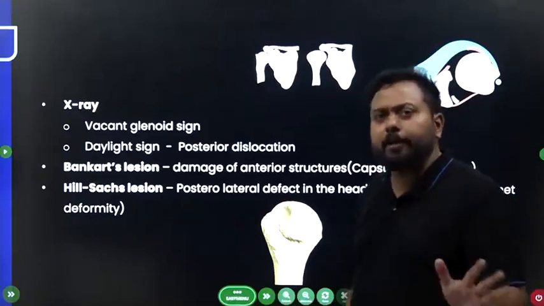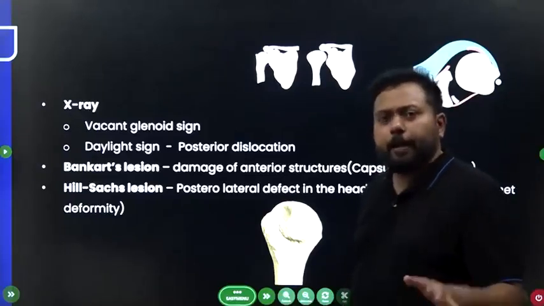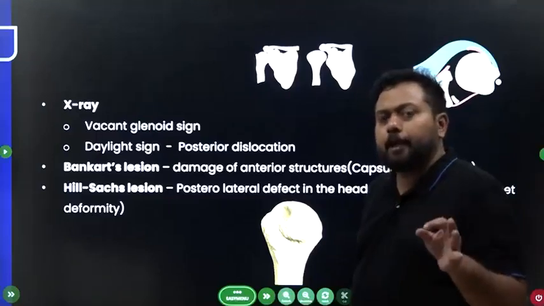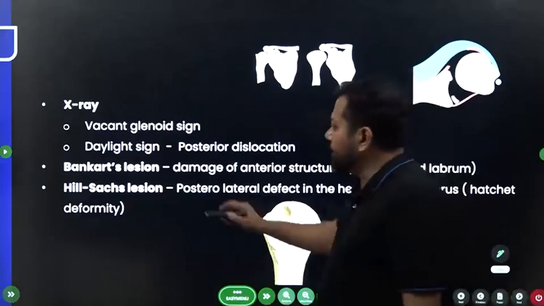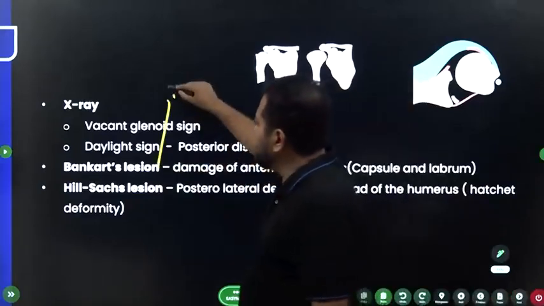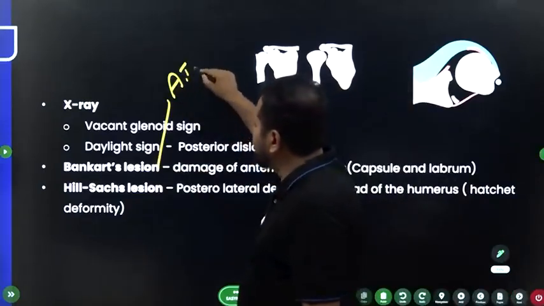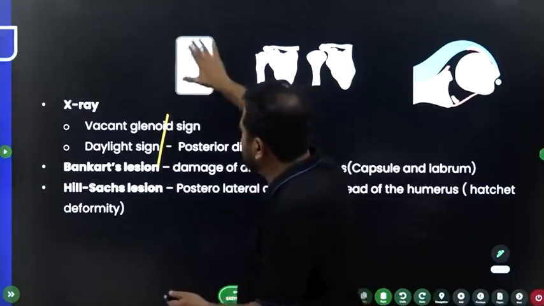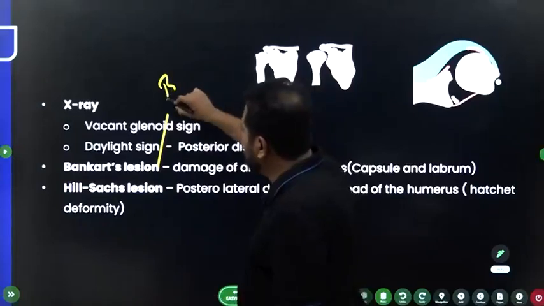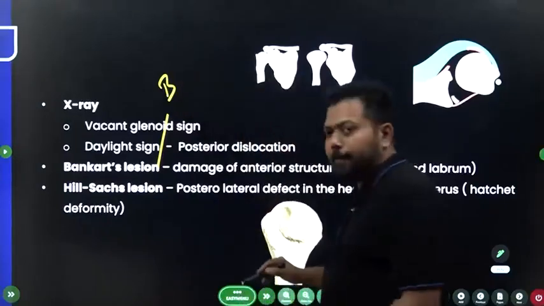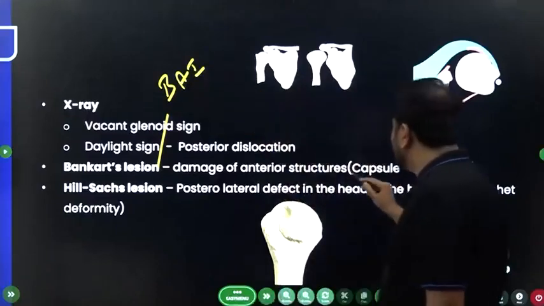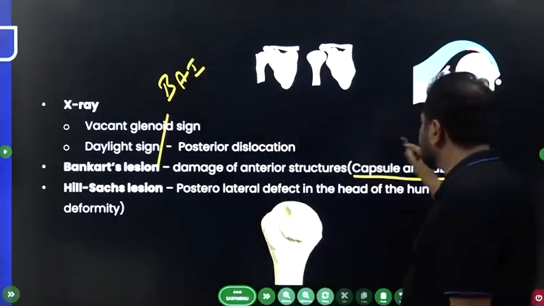Hill-Sachs lesion is a bony lesion. Basic point. Bankart's lesion is a soft tissue lesion. Hill-Sachs lesion is a bony lesion. In Bankart's lesion, there is damage in the anteroinferior aspect of the capsule and the labrum.